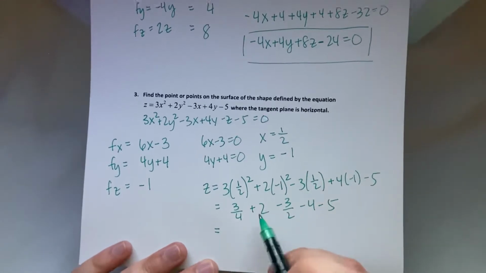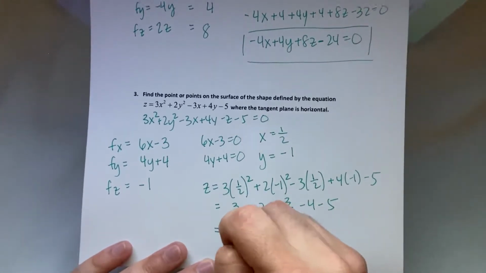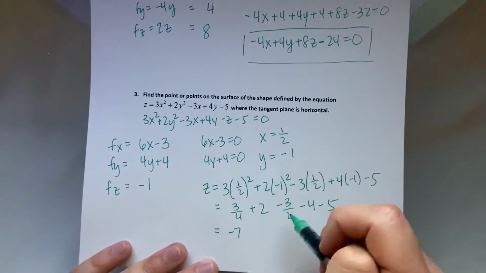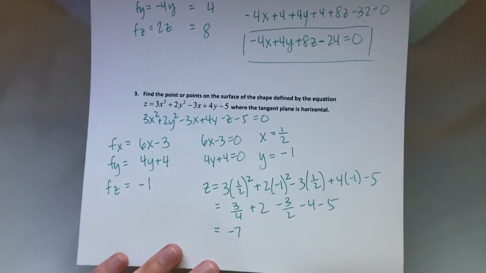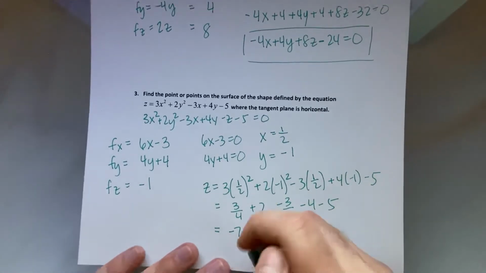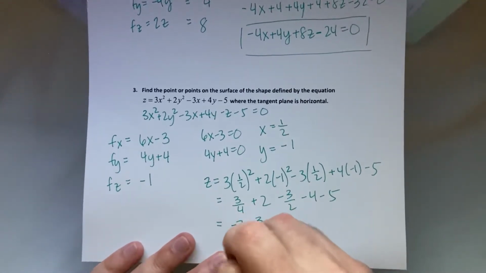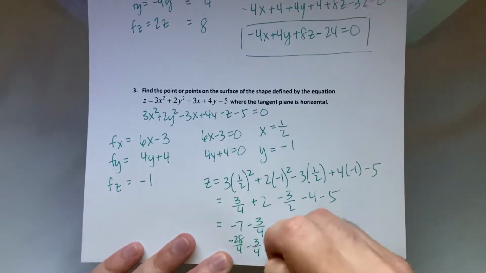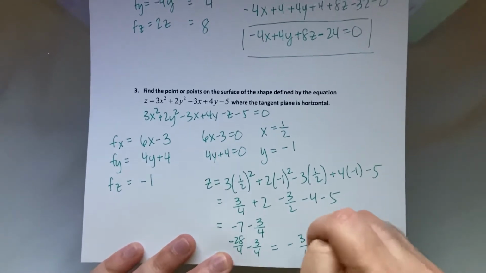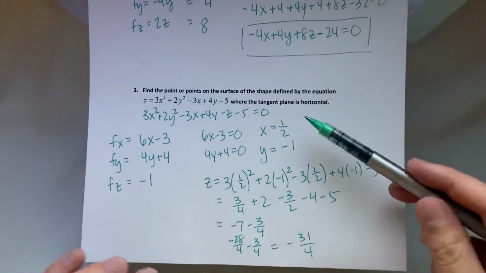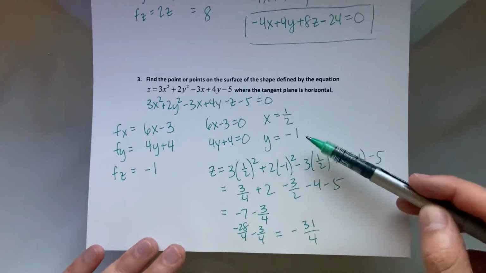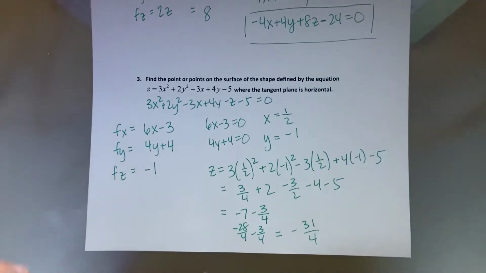Okay, let's see. 2 minus 4 minus 5 is -7. 3/4 minus 3/2 is -3/4. So that's -28/4 minus 3/4, which is -31/4. So the x value where this occurs is 1/2, the y value is -1, and the z that corresponds to it is -31/4.